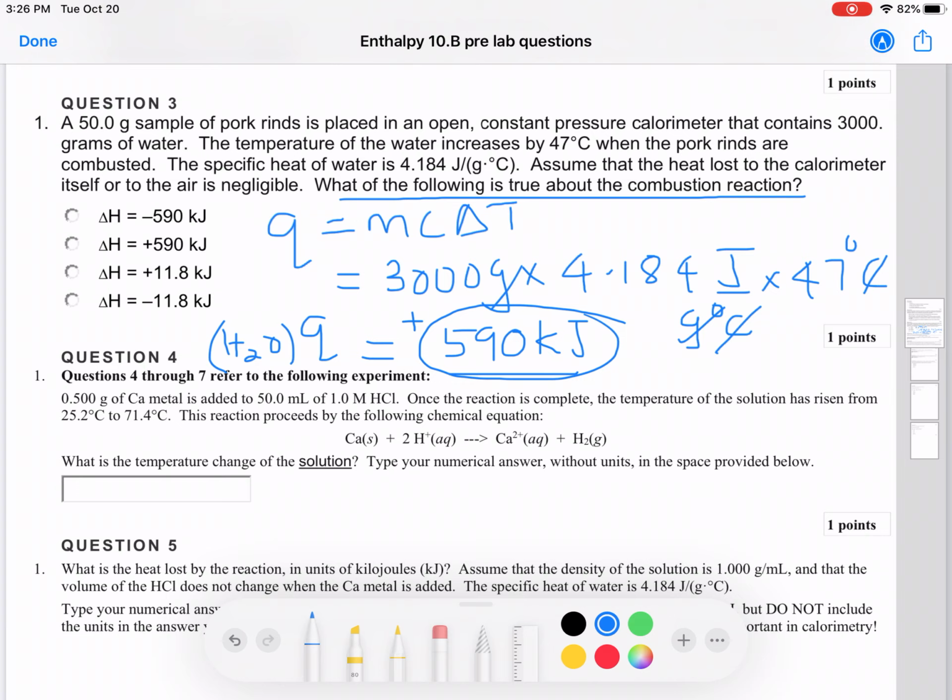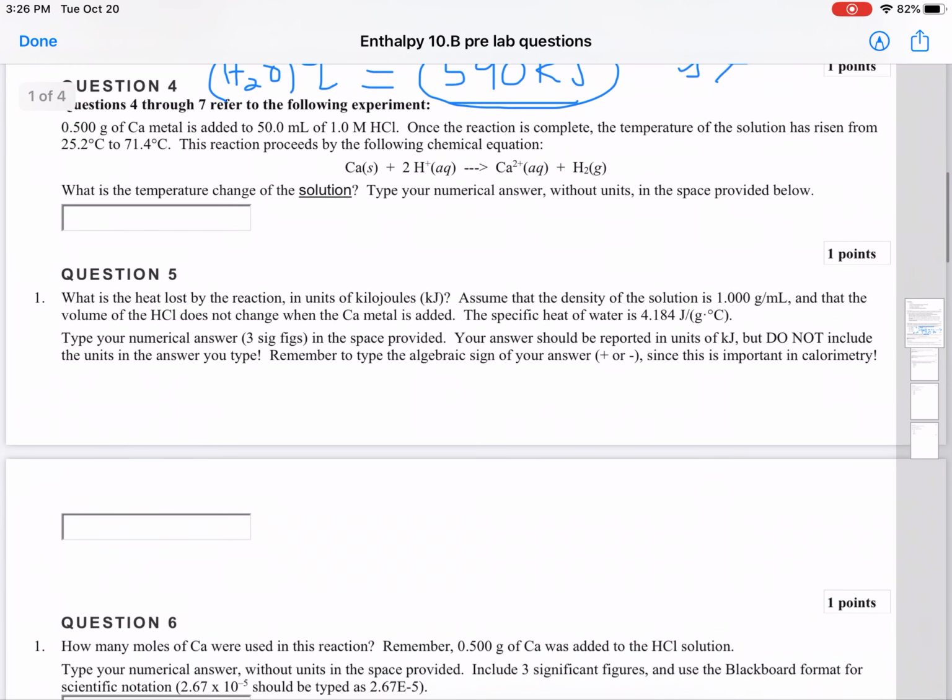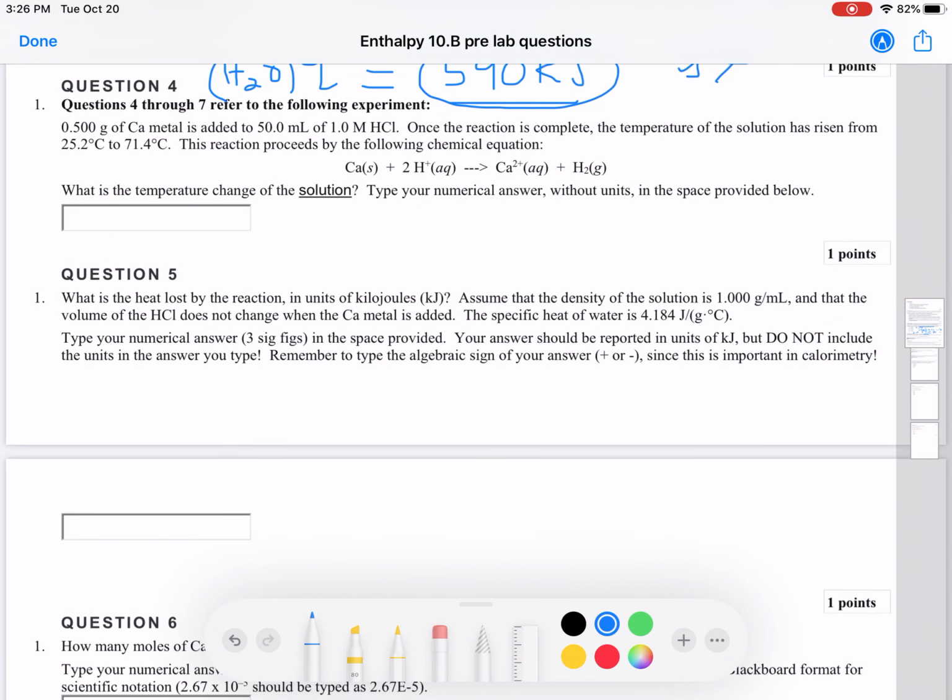Okay. So the next one, easy. 0.5 gram of calcium metal is added to 50 milliliters of 1 molar HCl. Once the reaction is complete, the temperature of the solution has risen from 25.2 degrees Celsius to 71.4 degrees Celsius. And then the reaction is given to us.